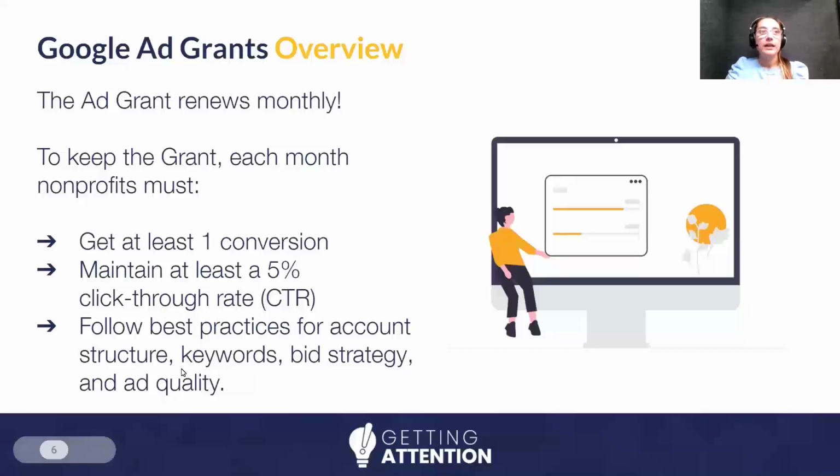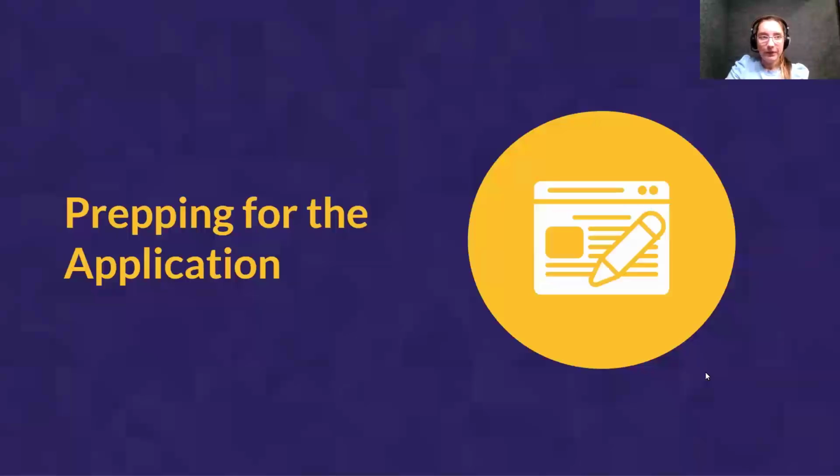For example, if you are trying to advertise on a keyword that Google says is too low quality, you can just pause that keyword. These are usually pretty quick fixes, and they are generally not as routinely enforced as these other two, which is why I've lumped them together. But these would be the other things you want to be striving for over time in your ad grant account. Assuming you stay in good standing, the ad grant keeps renewing. So that is a little bit of the overview.